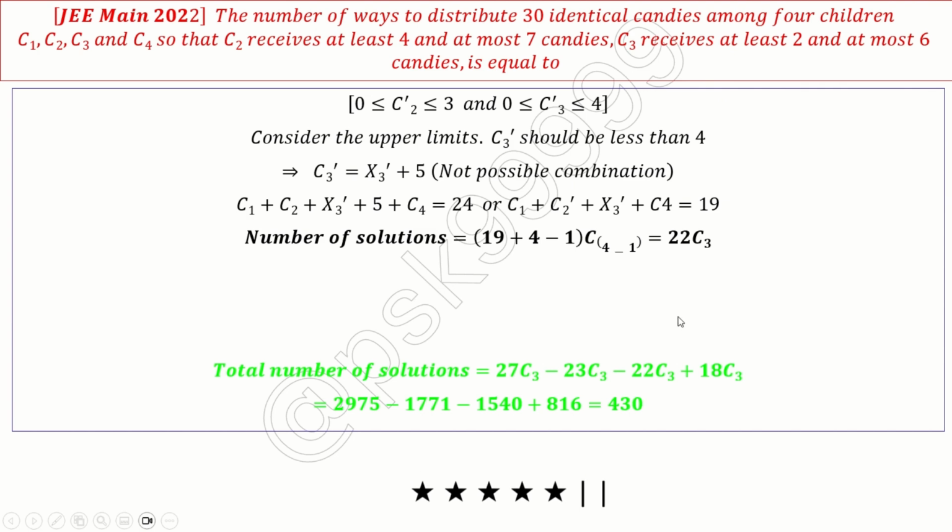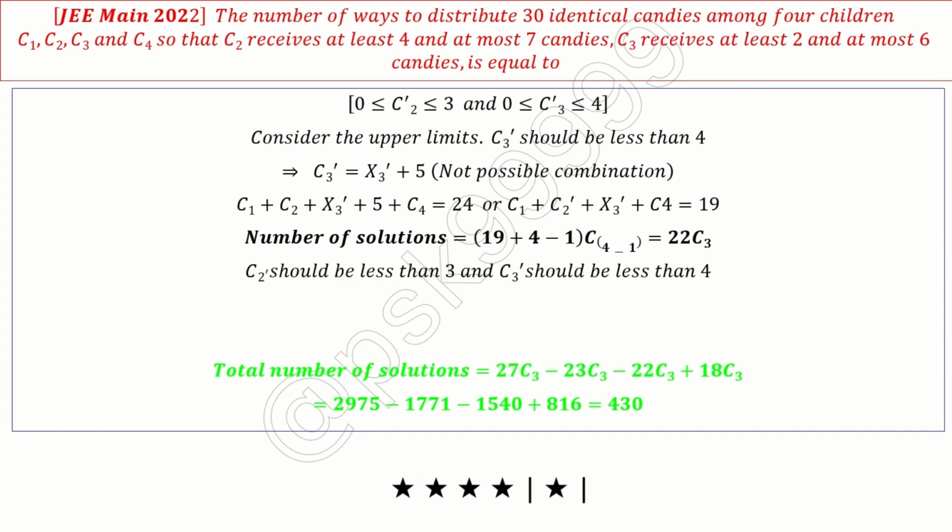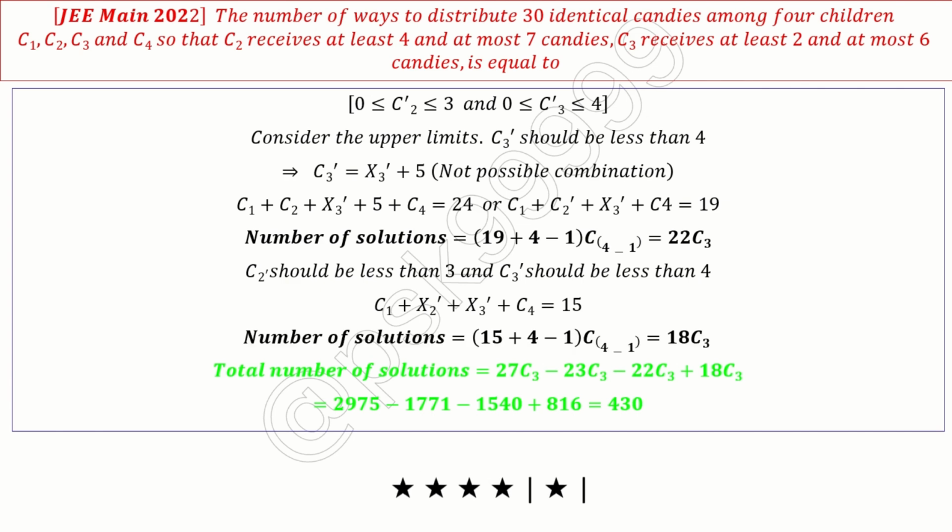So now you consider the upper limit for both of them. C2 dash should be less than 3 and C3 dash should be less than 4, correct? So C1 plus x2 dash plus x3 dash plus C4 equal to 15. I am removing both upper limits, so I will be left with 15 here. Now again apply stars and bars, you will get 18C3.